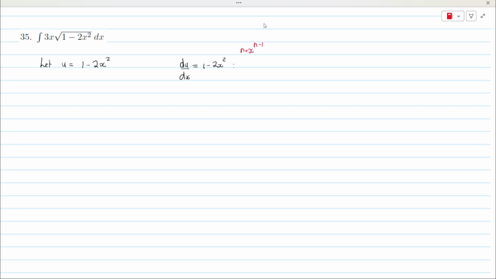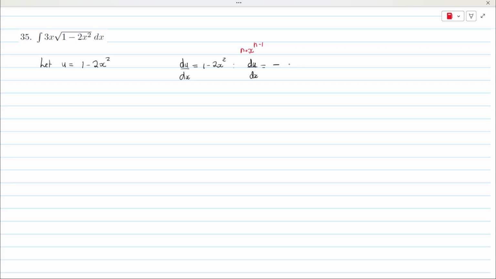This simply means that I bring down the power and subtract 1. The derivative of a constant is 0, so that goes away, and I'm left with the second part of this expression.